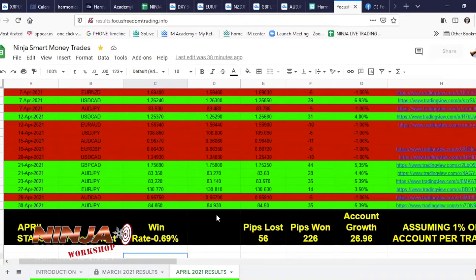But with the training that I do, I only tell people to risk 1% of their trading account, whatever that may be. It's up to them. Might be 1% of £100, might be 1% of £1,000. If you're here in the UK, it's entirely up to you what your trading account is. But first of all, we'd like you to go on demo anyway. But whatever it is, only risk 1%.